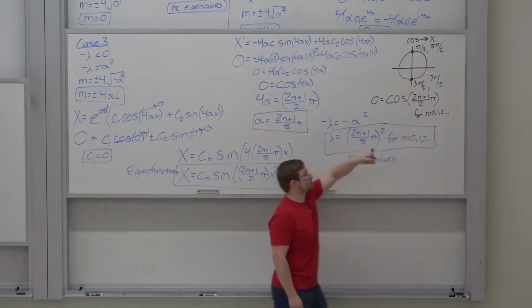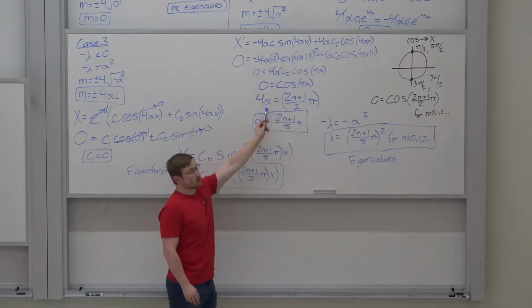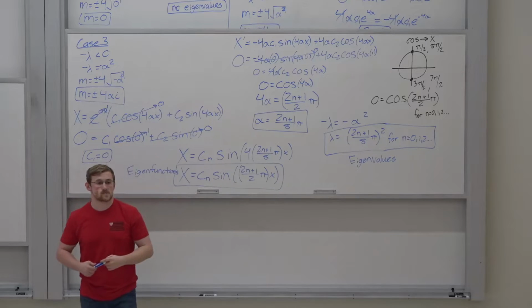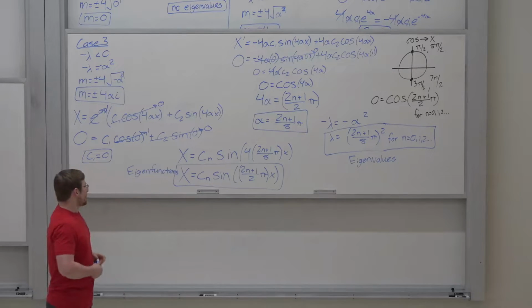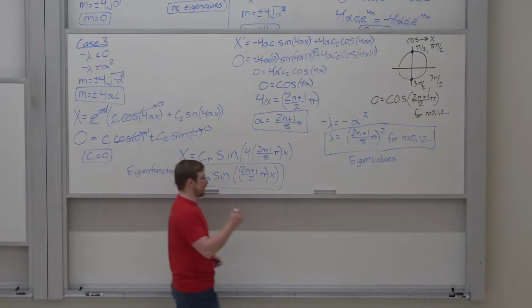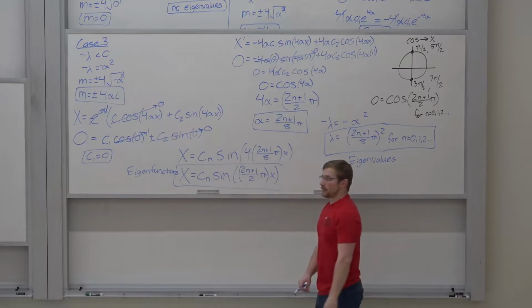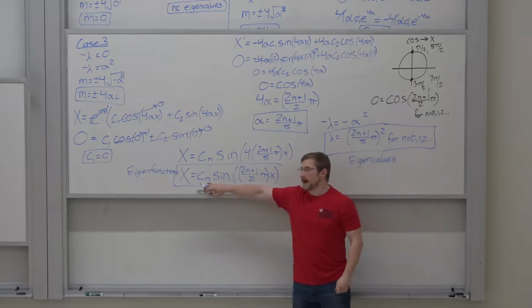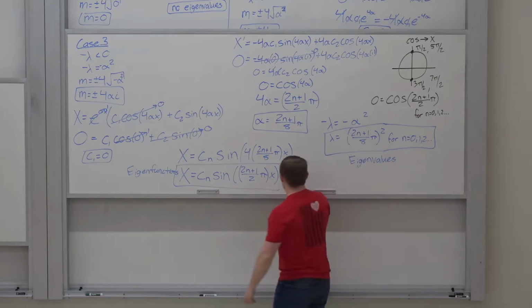So I can set 2n plus 1 over 2 pi equal to that 4 alpha to solve for alpha. Yeah. Not yet. I mean, the idea is still that for each value of n, your constant's going to be different. They probably won't take off points at this point, just as long as you write it as Cn in your final answer.